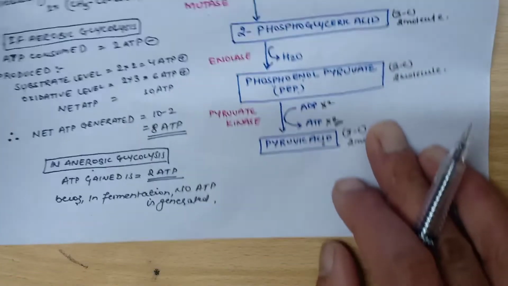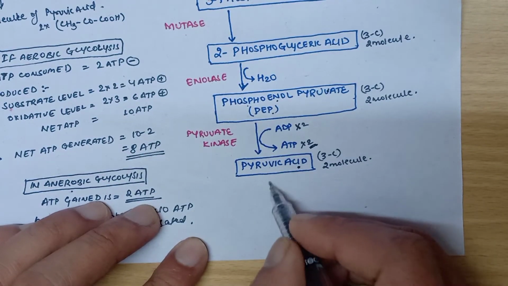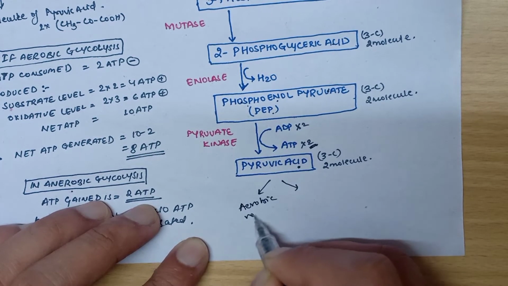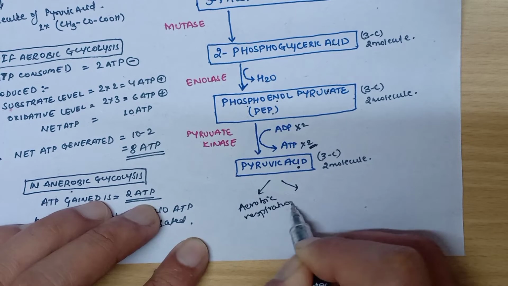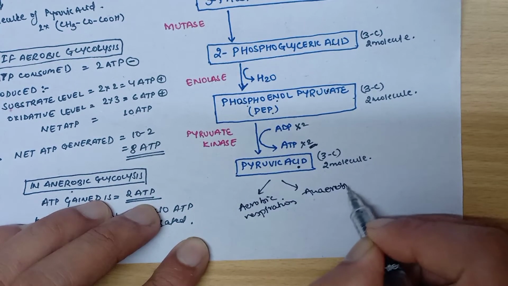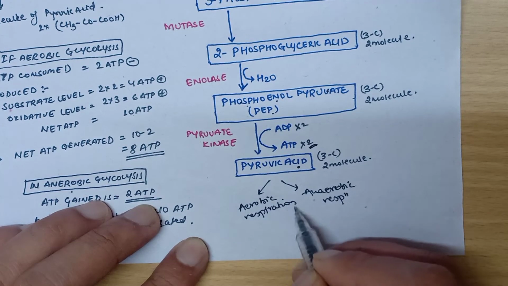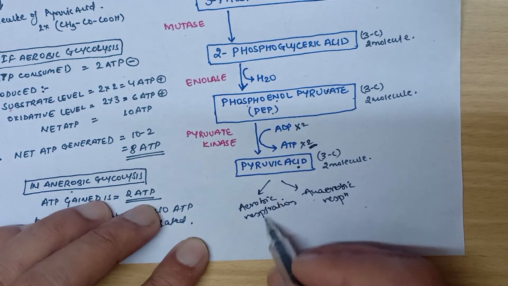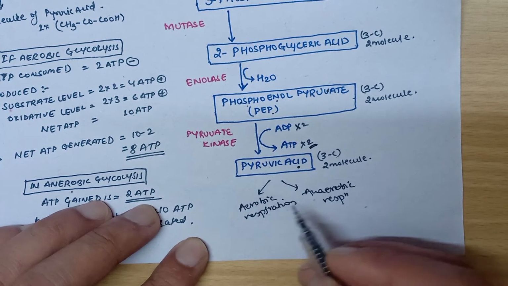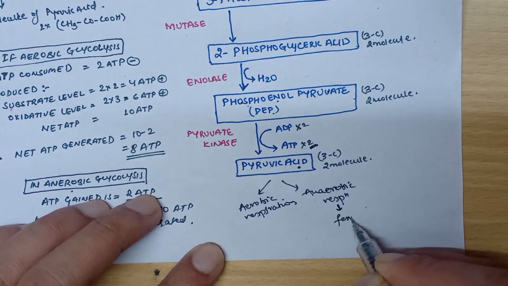Now once pyruvic acid is formed, it can go into either aerobic or anaerobic respiration. In aerobic respiration, there is complete oxidation of pyruvic acid by means of the Krebs cycle, and in anaerobic respiration there will be fermentation.